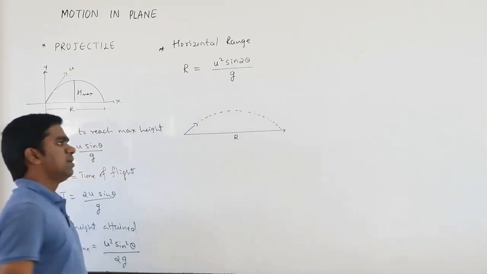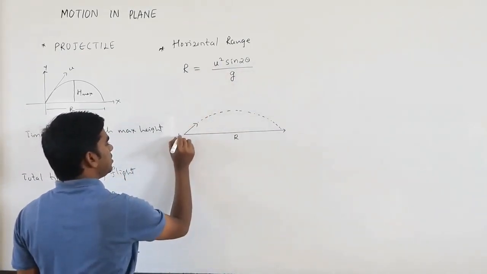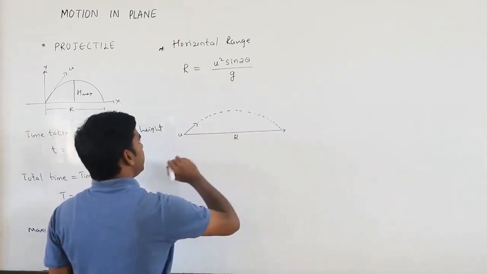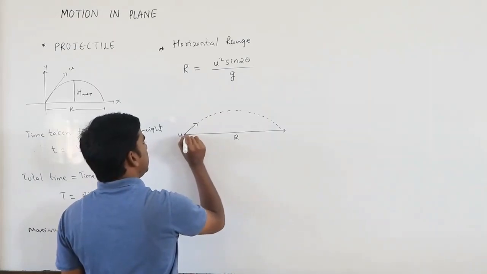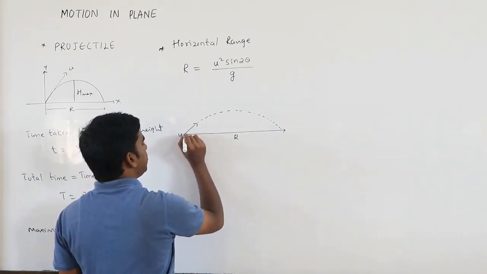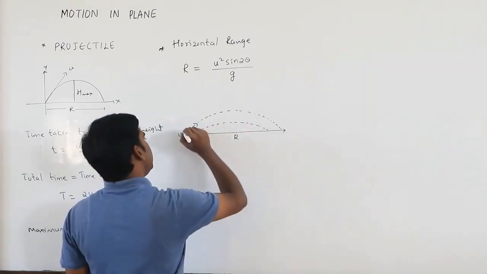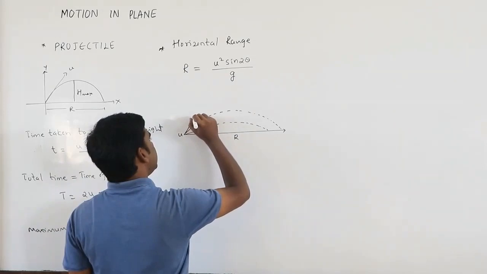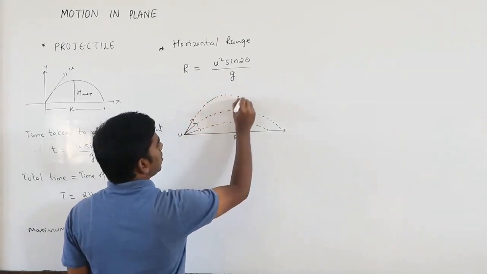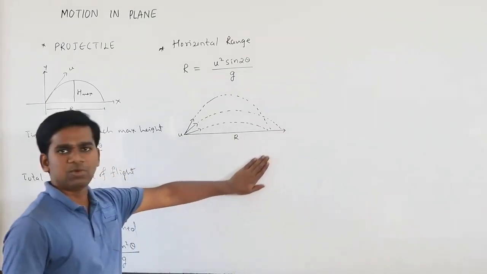If you give the same initial velocity, but change the angle of projection, if you decrease it, what will happen? It may come here only. If you increase it also, there are possibilities that it will be less than the maximum horizontal distance.